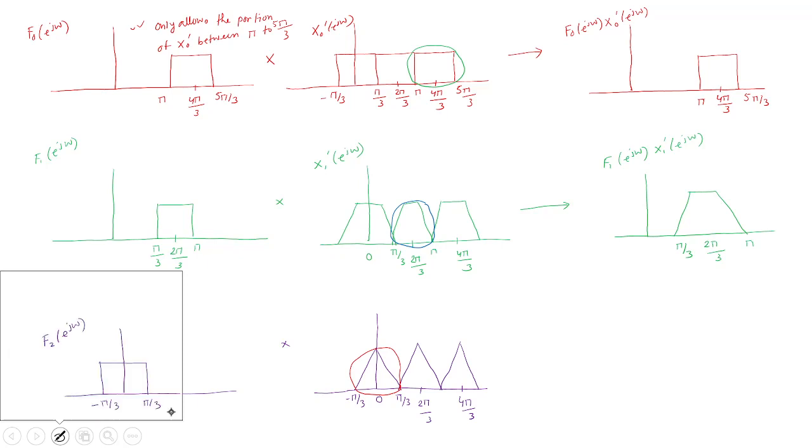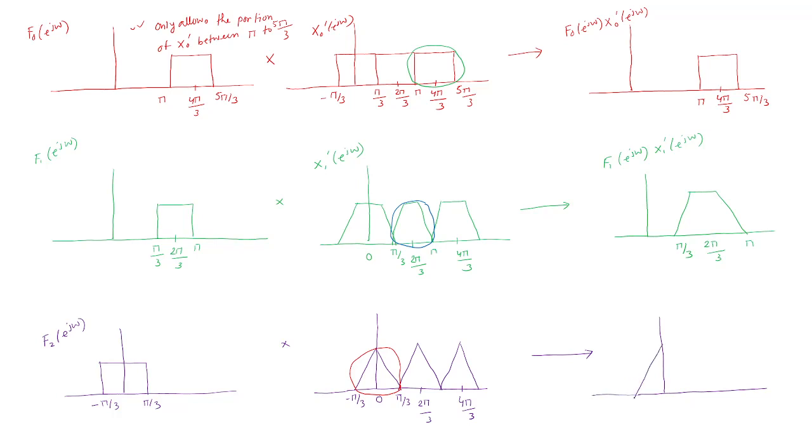Resulting output spectrum is given as f2 times e to the power j omega times x2 dash e to the power j omega.